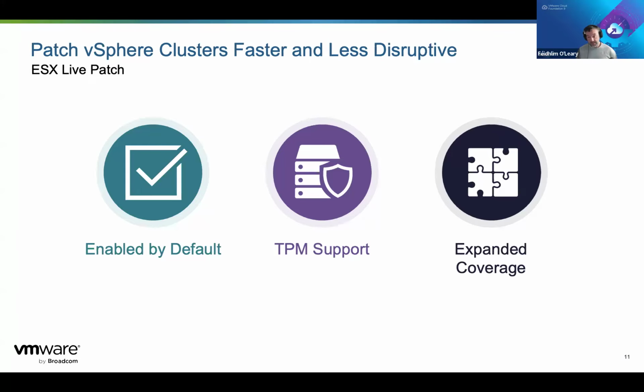The one that we released this past Monday, I think, was not live patch capable. So it will depend on a patch by patch basis. But obviously our goal is that if we could make every patch live patch capable, we will, but it will depend on the actual payload itself. Now it's enabled by default, and we'll see a little bit about that when we look at the demo in a moment.